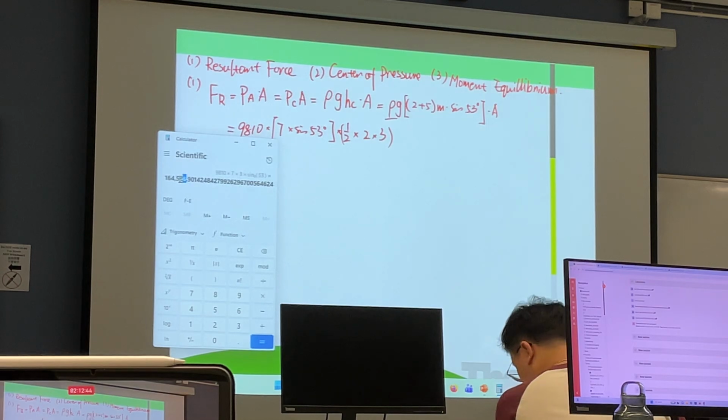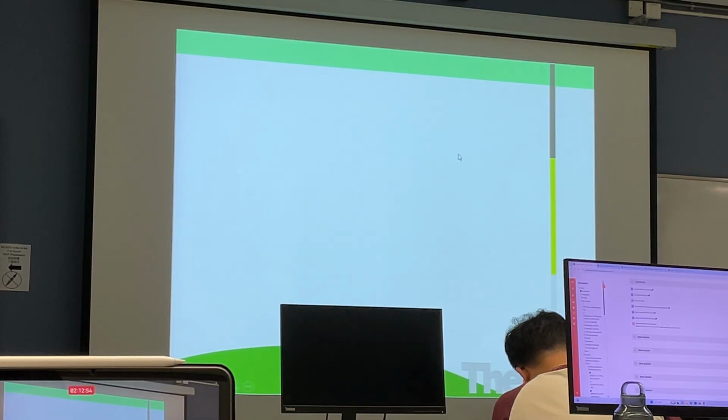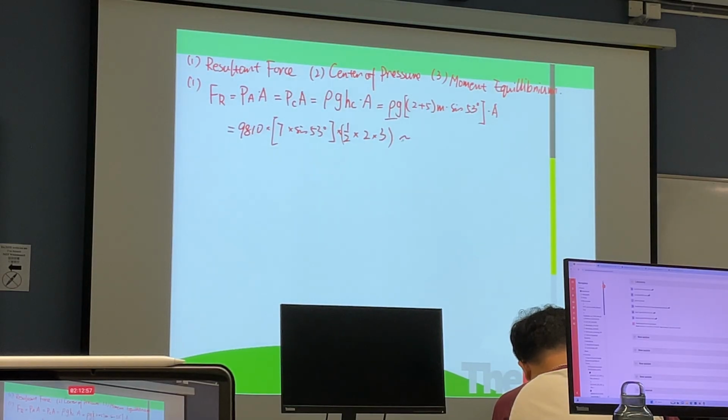It's about 164.5 kilonewton for this resultant force.